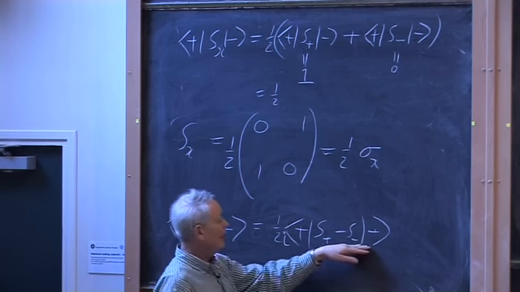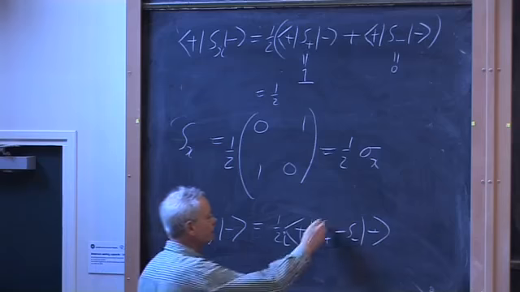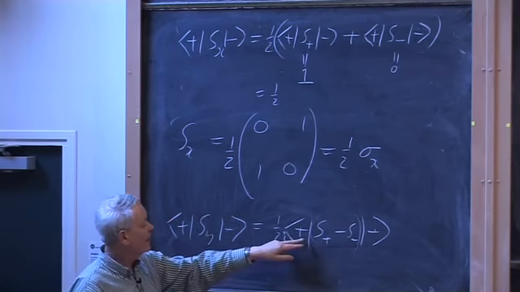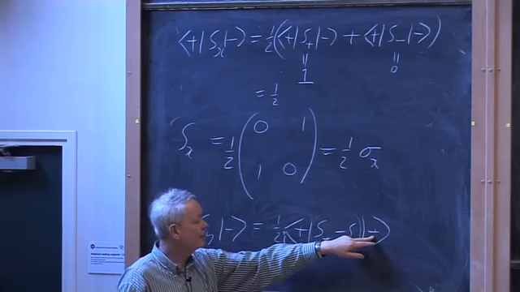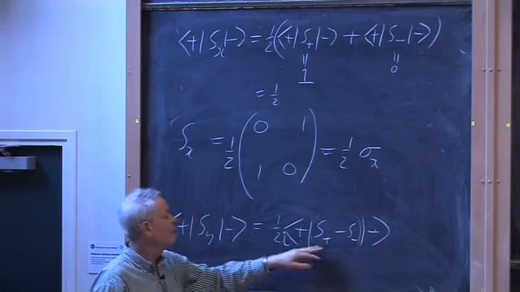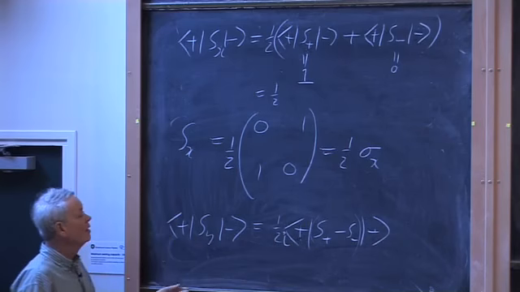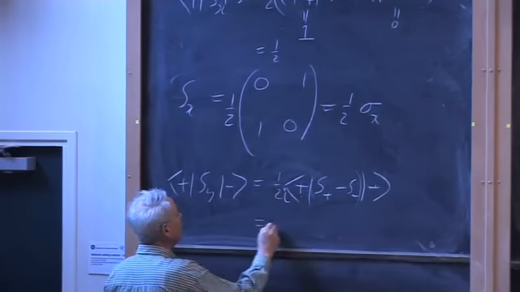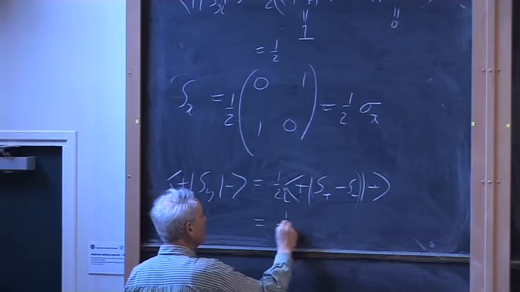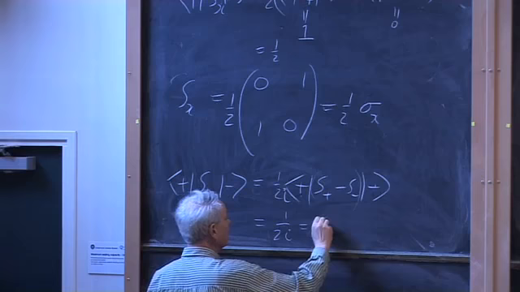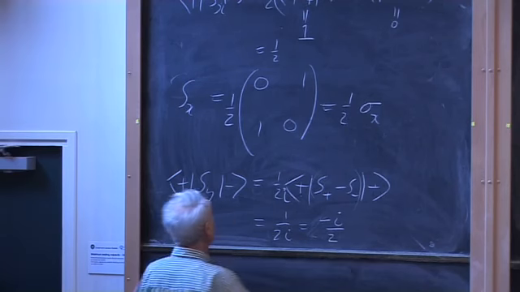So we have this, and what do we get? S plus raises minus to plus. So plus S plus minus again equals 1. So therefore, this is equal to 1 over 2i, also known as a half minus i over 2.